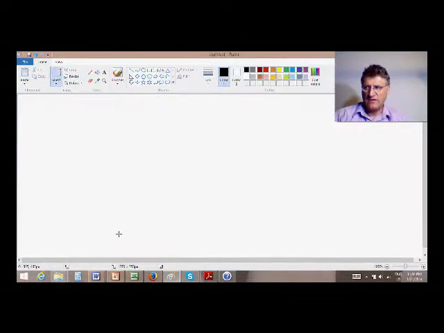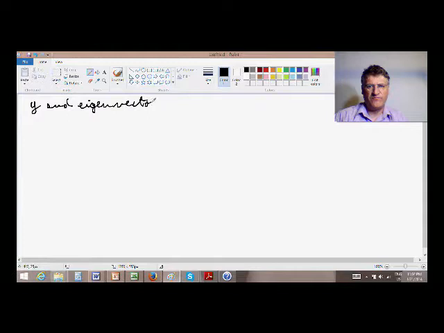So let's look at some considerations with y and eigenvectors. Y, as I said, has canonical entries y1 through yn.